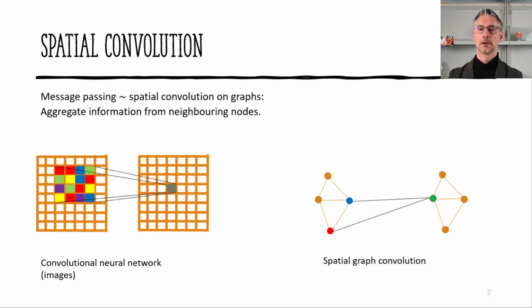And we made this connection to the convolutional neural network, and this is not an accident, because the message passing graph neural network infrastructure is somewhat related to spatial convolution on graphs. Remember that when we discussed the graph part, we said that we need to take the information aboard from neighboring nodes.